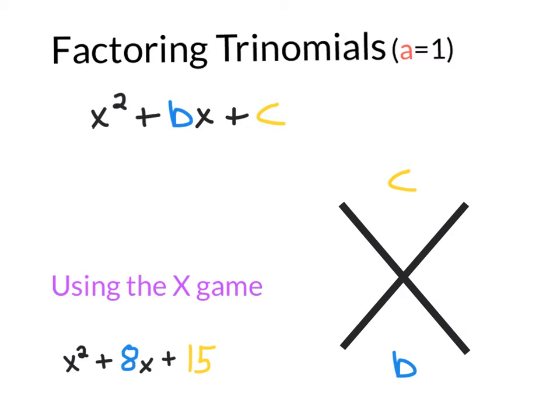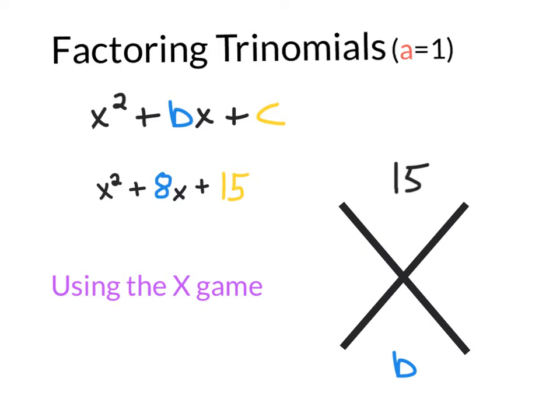So if that's the case, then let's take a look at this one here. It is x squared plus 8x plus 15. So again, we're going to use the X game to help us to determine the factors. So we're going to put the 15 at the top, and we're going to put the 8 at the bottom here where we see b.